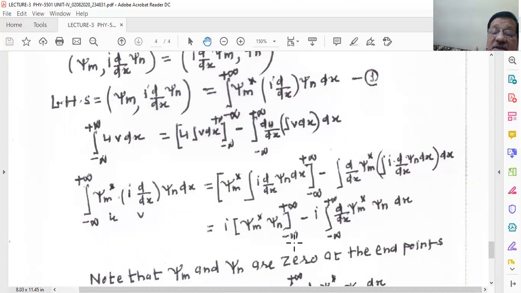So the first term is vanishing, and now the second term will represent.